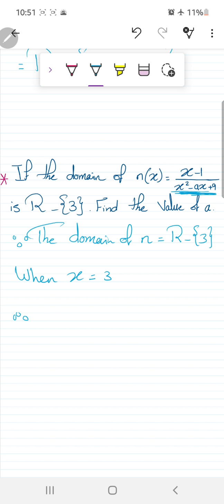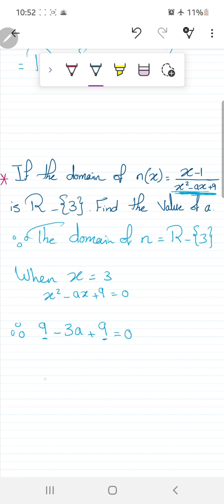Okay, so here substitution in x squared minus ax plus 9 equals 0. So here we have 3 squared, which is 9, minus a times 3, 3a, plus 9 equals 0.